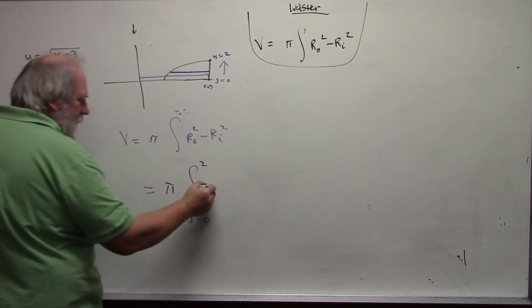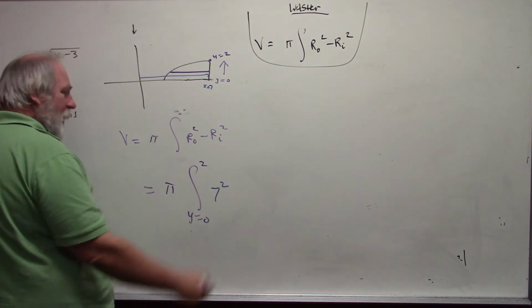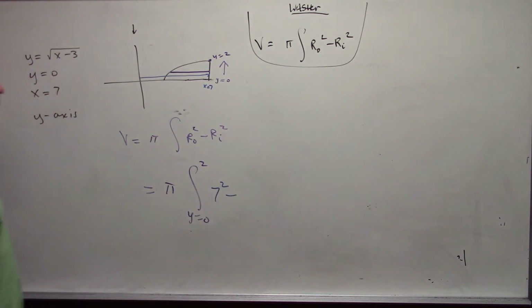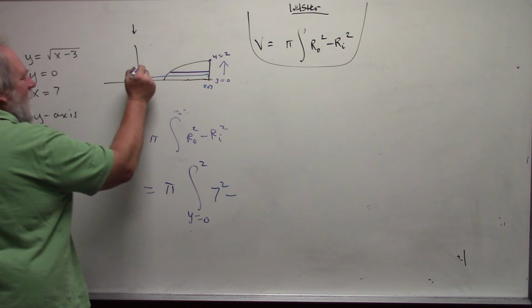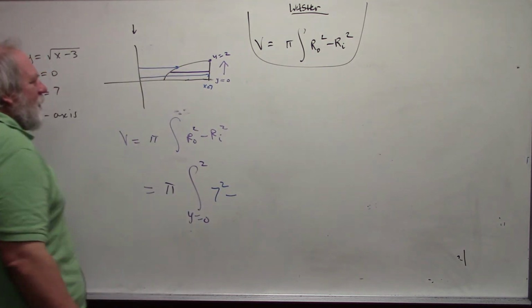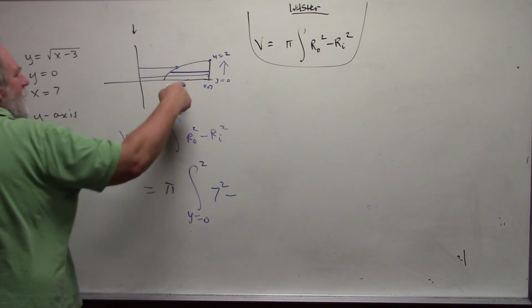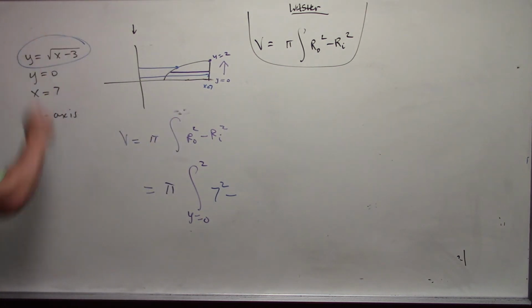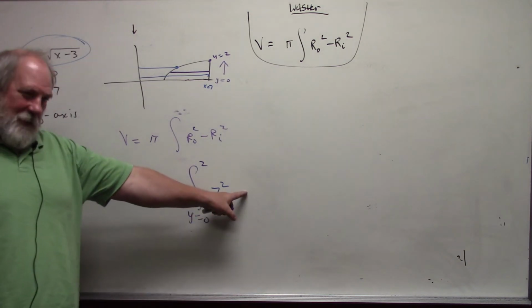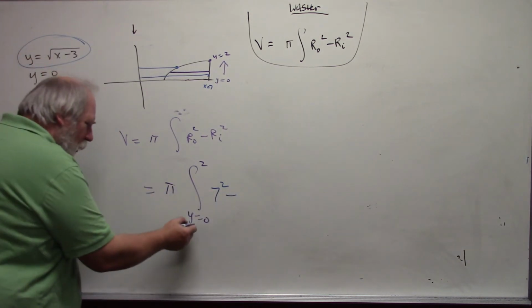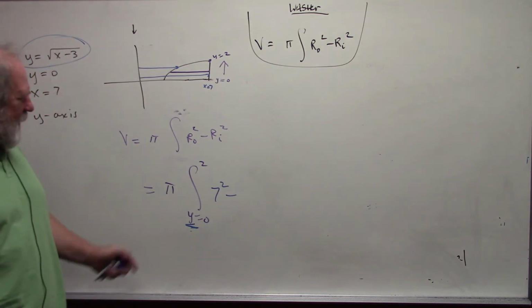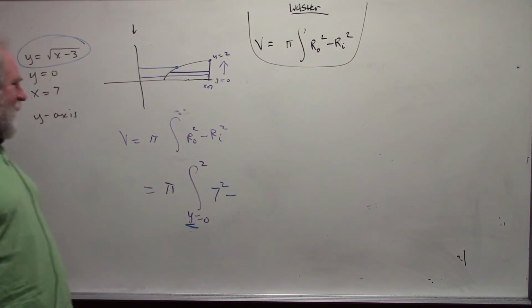And so it is just 7 squared, minus the inside radius, which would be the distance to the sideways parabola. That would be the curve y equals the square root of x minus 3, but I cannot put square root of x minus 3. The variable we need is y. That's why it's useful to write what variable you're dealing with.